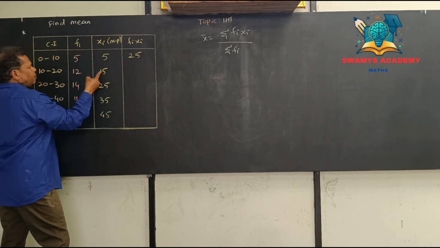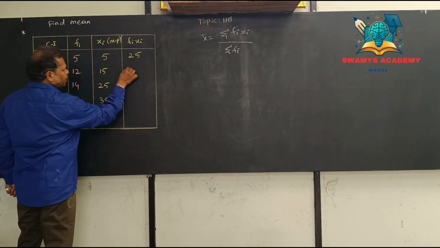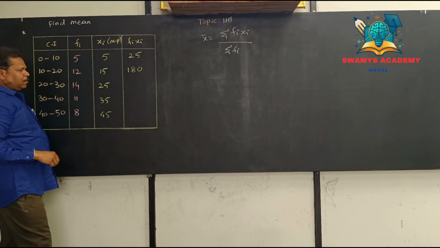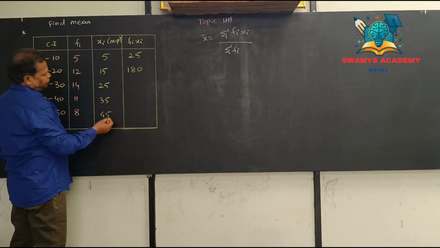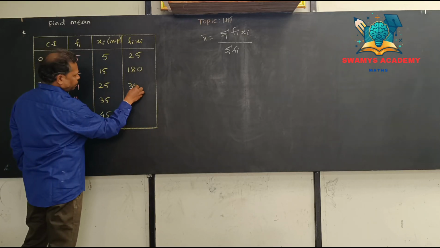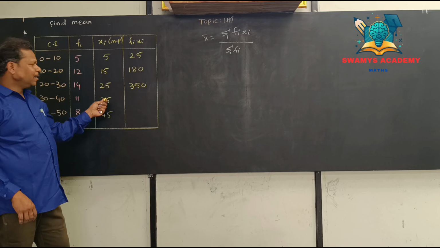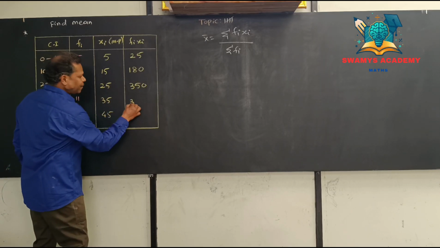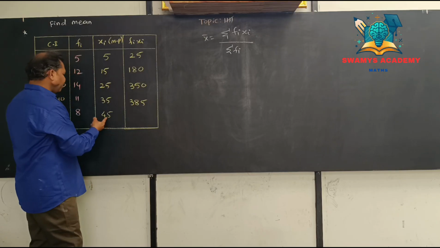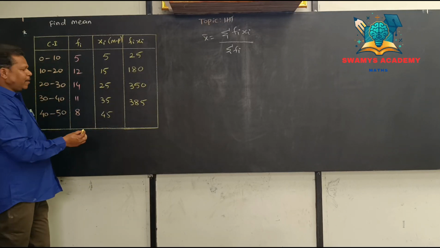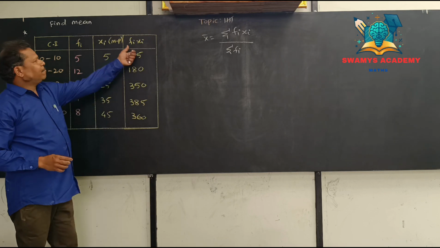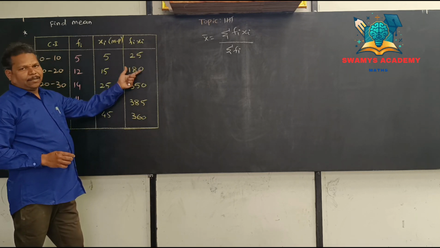Next, 15 twelves are 180. Next, 25 fourteens are 350. 35 elevens are 385. Next, 45 eights are 360. So now we have fi xi.